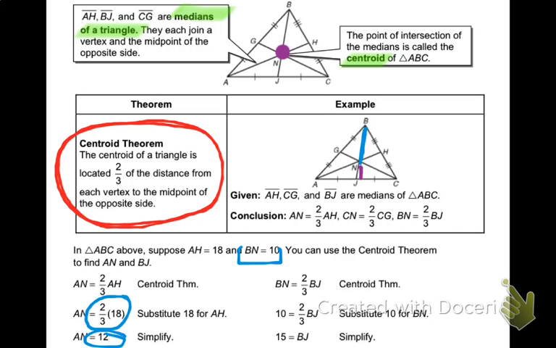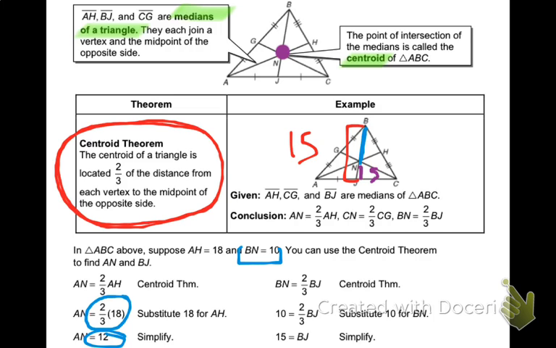It was half, right? It was half the medium distance. So what's half of 10? 5. So NJ is 5, which makes my whole segment now 15. Okay? So using those fractions, you can find all of these different lengths.